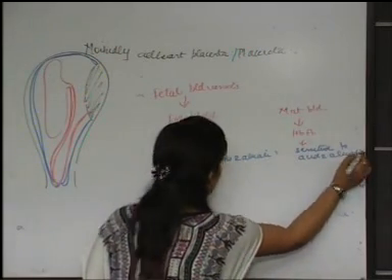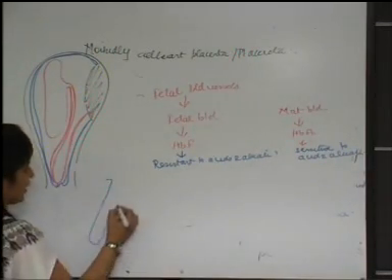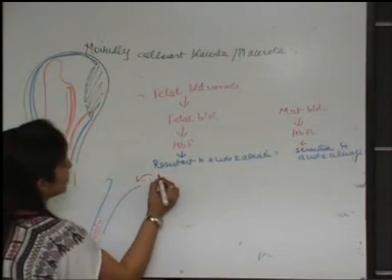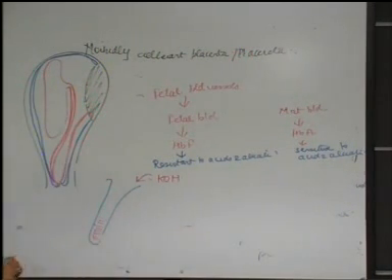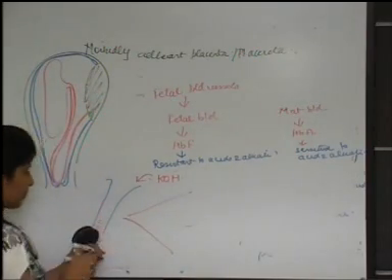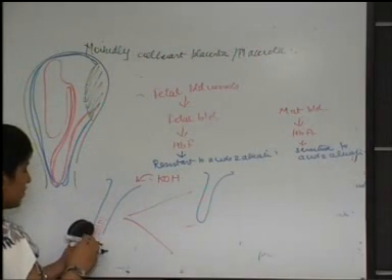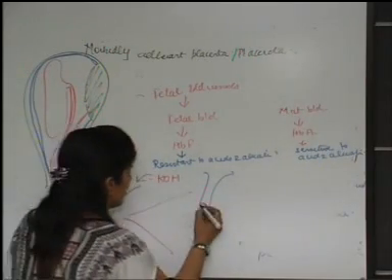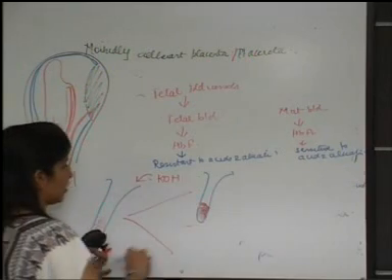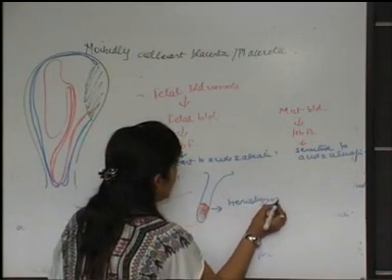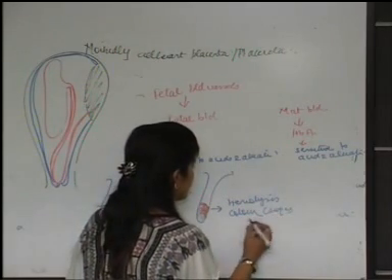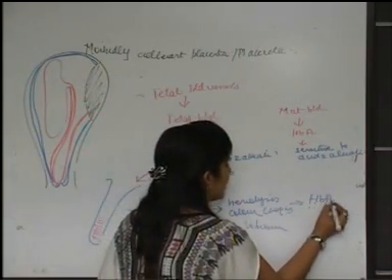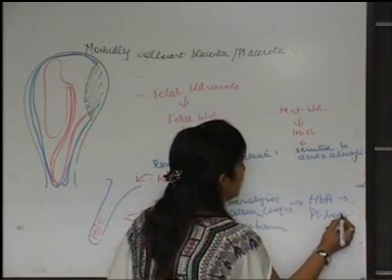So whatever blood is coming out of the mother's vagina, you take it in a test tube, and you add a reagent, and the reagent here is potassium hydroxide. If this blood hemolyzes, that means if the color changes to brown, if there is hemolysis, this means it is HbA, that is maternal blood or placenta previa.